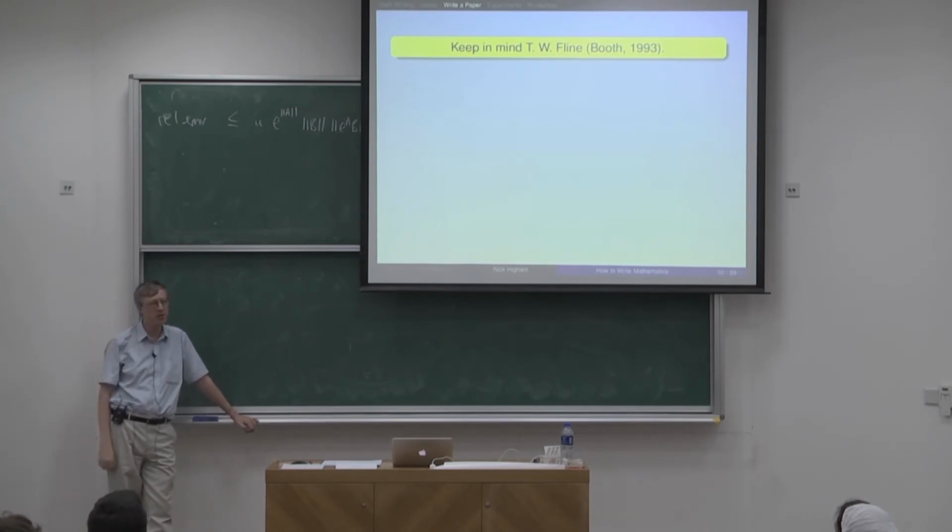So he was saying to those of us who are native English speakers, keep in mind that the people reading your paper will not all be native English speakers, therefore don't be too florid and complicated in the way you phrase your sentences. Try and keep things simple, because it will be understood better by foreign readers. So I thought that was a very good comment, and I've always tried to bear that in mind.